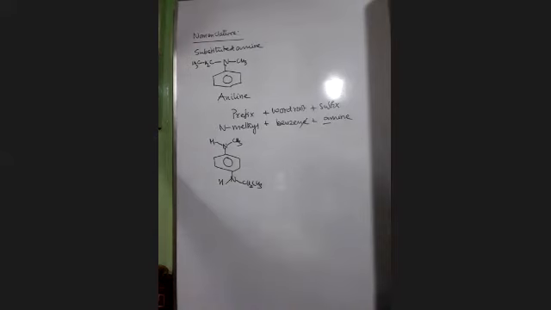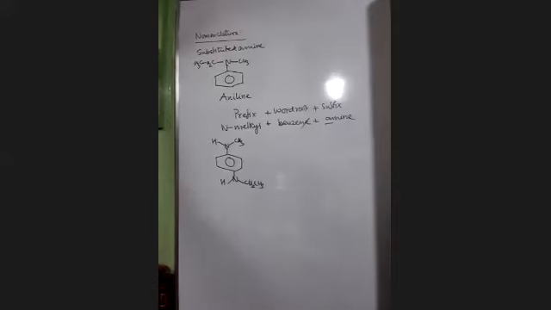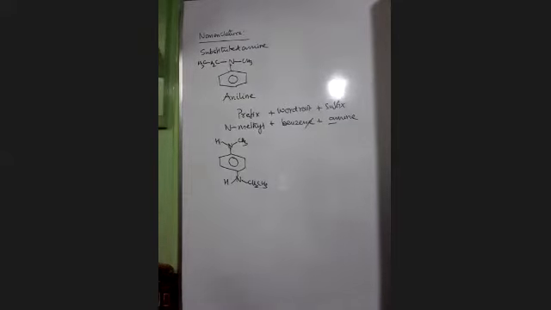You have to put a prime. If it is on the same nitrogen, we will write N,N. And if they are on different nitrogen, then you have to differentiate them by putting prime. Suppose three nitrogens are there: we will write N, then second one N prime, and third N double prime.